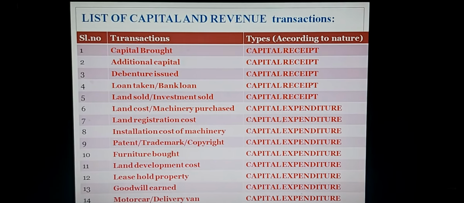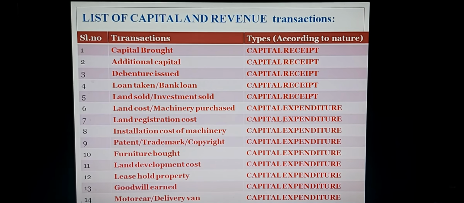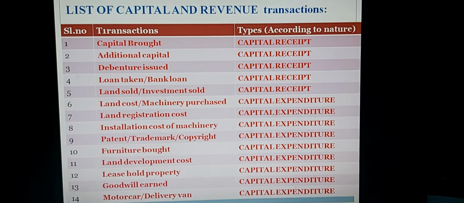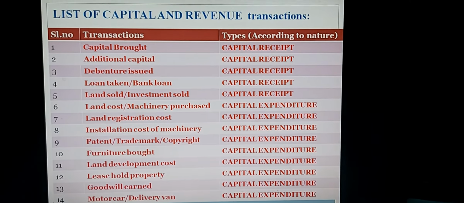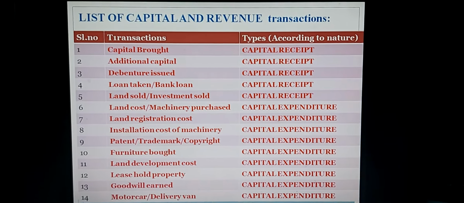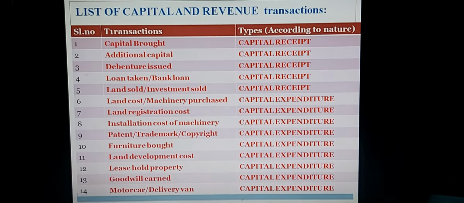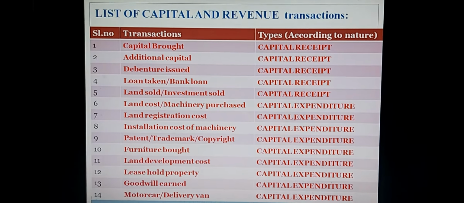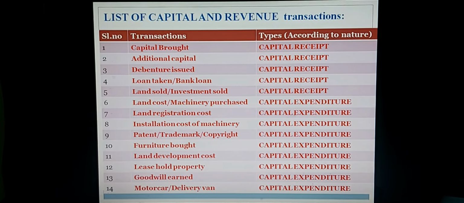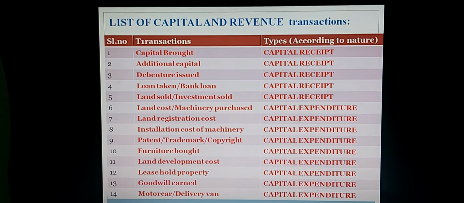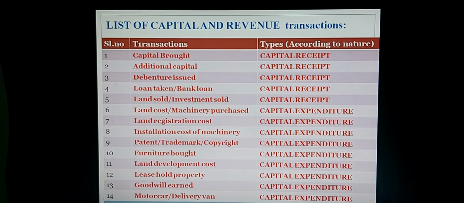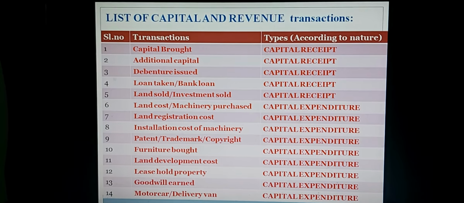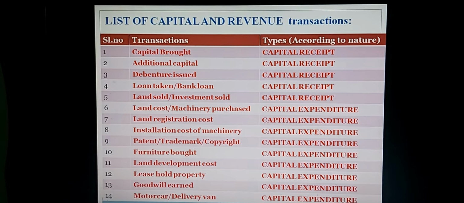Land registration cost, this is also one kind of capital expenditure. Reason same, it is a non-recurring item or irregular expenditure, so this amount is capital expenditure. And installation cost of machinery: when any asset is purchased, that is a fixed asset purchased, then all kinds of expenditure are to be included in the fixed asset.